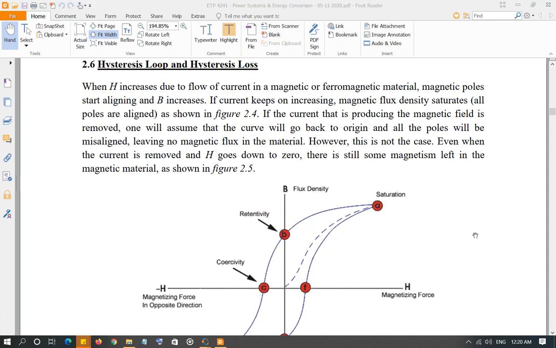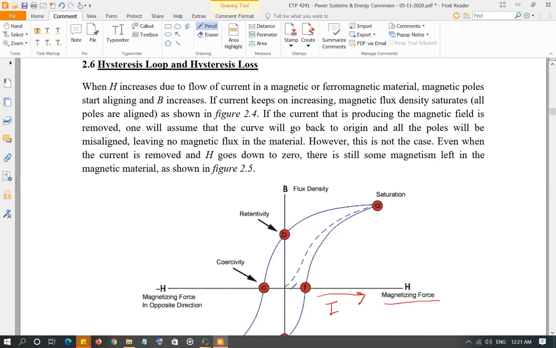Now, if you have a ferromagnetic substance that is not magnetized, or an electromagnet that is not magnetized, and you start supplying current to that substance, or in other words, you start applying magnetizing force or magnetic field strength. Right now you don't have any magnetism.